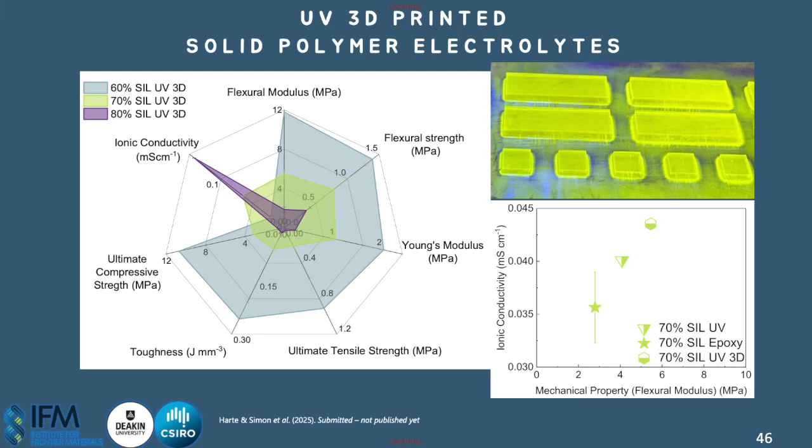And something that was really cool with this was that when we compared the properties from the 70% epoxy resin system versus the mold cured system versus the 3D printed system, we saw at a 70% content an upward trend where there was greater homogeneity in the pixel by pixel printed system versus the mold cured bulk UV cured system, and these had improved mechanical and electrochemical ionic conductivity properties compared to the prior system we'd used, which was the epoxy resin system.